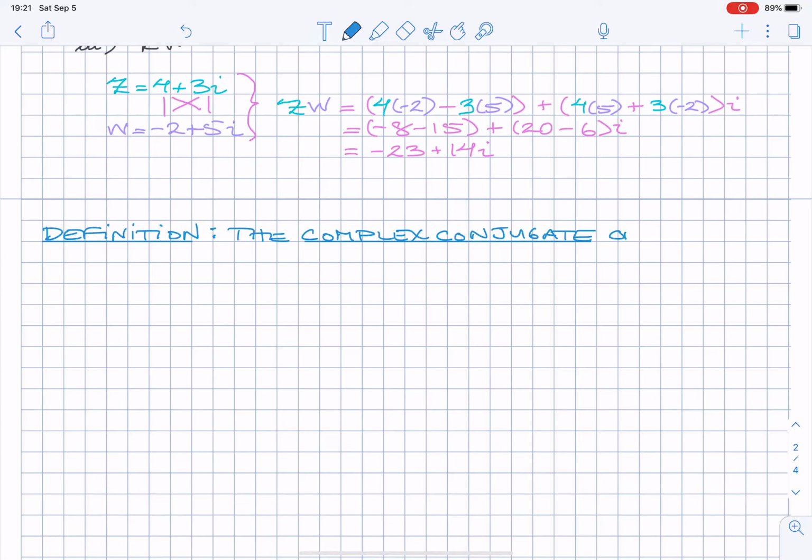Of z equals a plus bi is given by z bar, let me make that clear, z bar is equal to a minus bi.